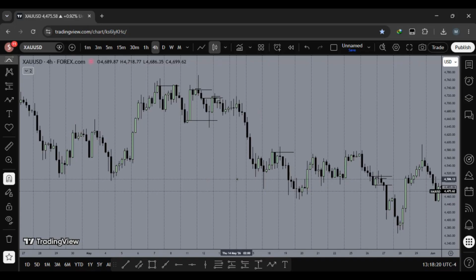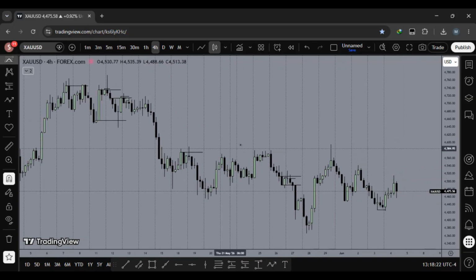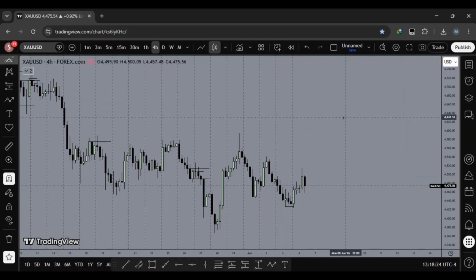Okay, guys, this is the best way to trade Malaysian SNR, to combine it with ICT. The biggest mistake most Malaysian SNR traders make is treating Malaysian SNR as if it's a standalone strategy.